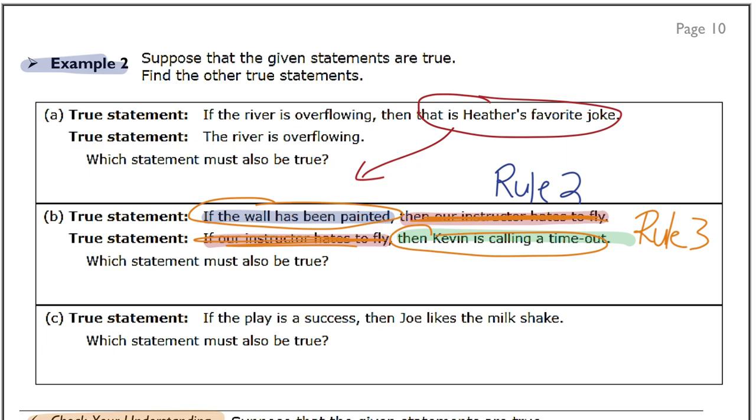And then the last one will be Rule 1, which is that rule of contrapositive. So it's just telling us one true statement, nothing else. If the play is a success, then Joe likes the milkshake. So basically we're going to say that if Joe does not like the milkshake, then the play was not a success.